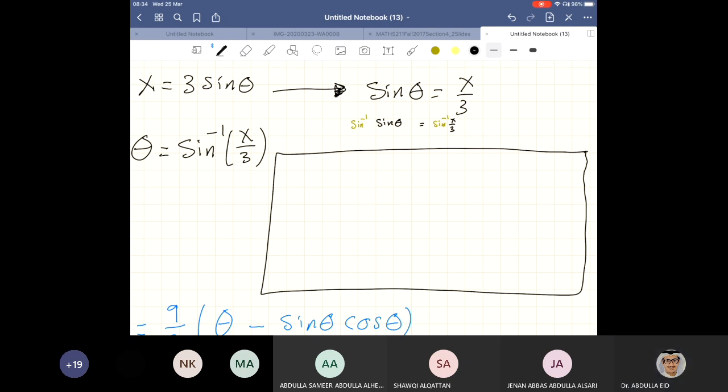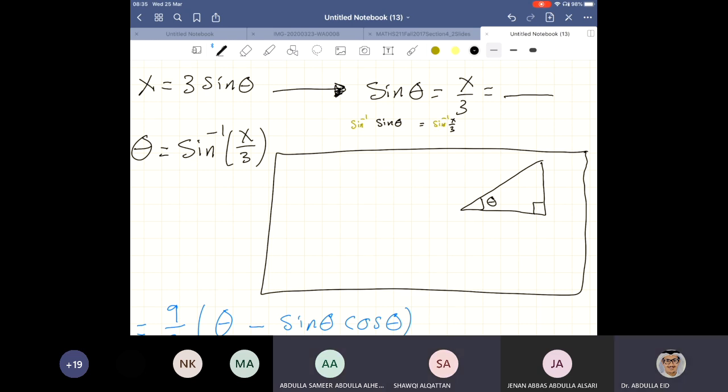Now, remember if we have a right triangle here with angle theta. Do you remember what was the sine of theta? What over what, with respect to the triangle? What was sine theta?